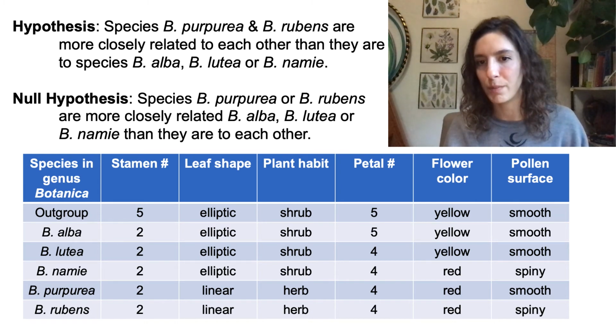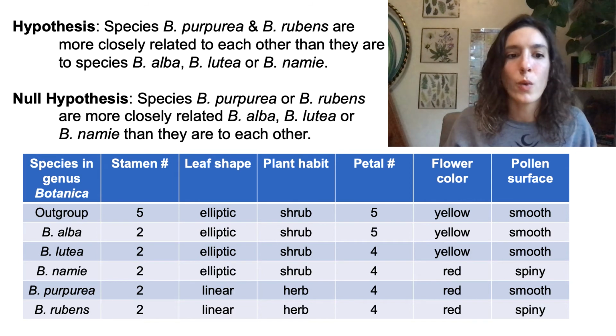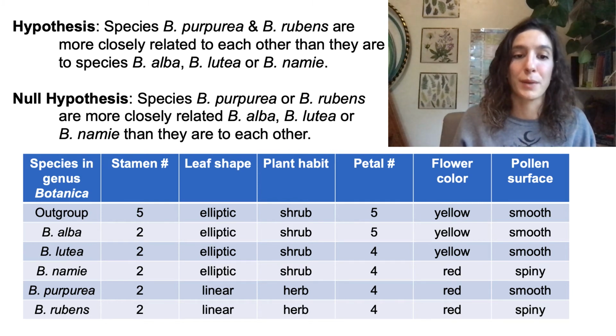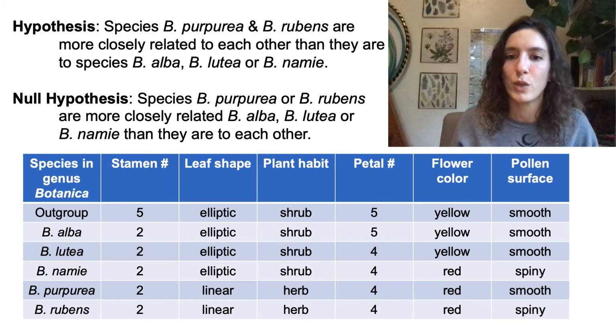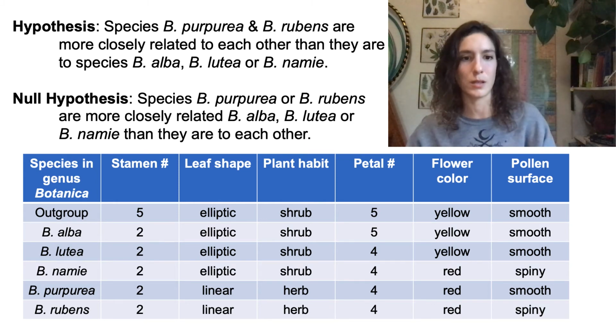Notice I've just reduced Botanica to the letter B on the slide here. That's okay. So what I'm saying is the last 2 species, the last 2 rows on this matrix, Botanica purpurea and rubens, are more closely related to each other than either of those are to any of the other 3 species on this matrix.